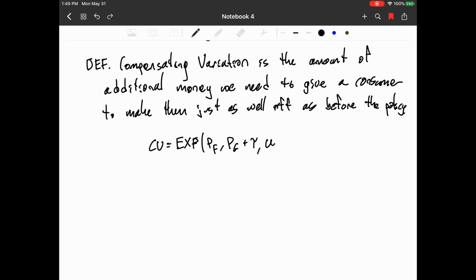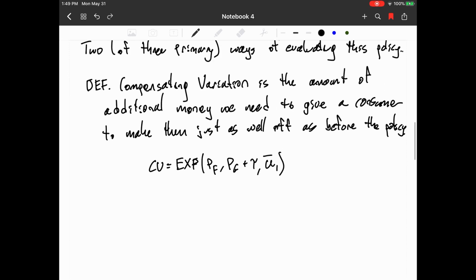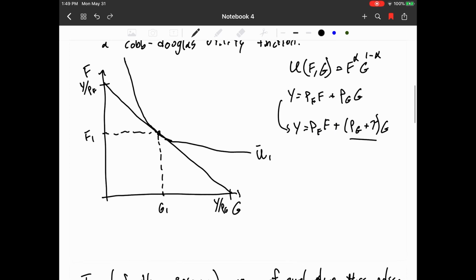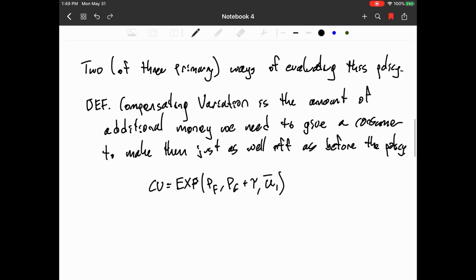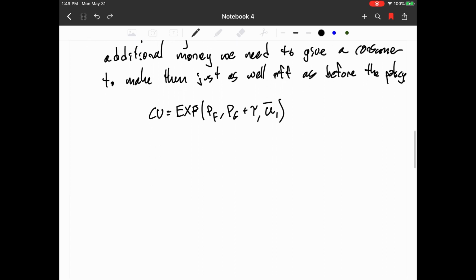And then we have our U bar, which is this indifference curve. So all we're saying here is let's just make sure we're still on the original indifference curve with our new prices. And that's the expenditure. And then we just subtract off the original expenditure.